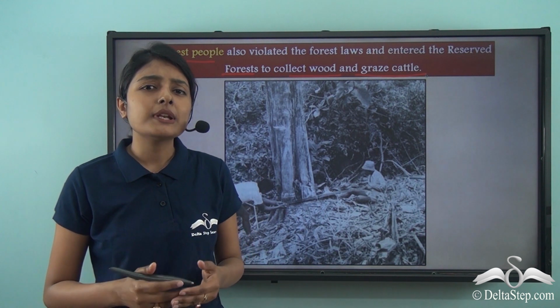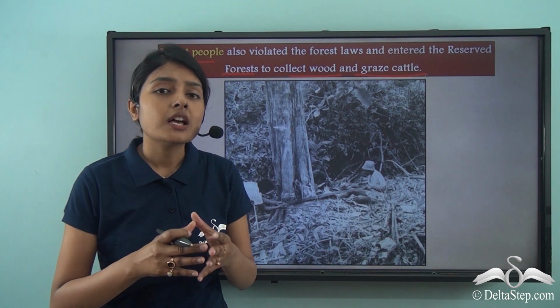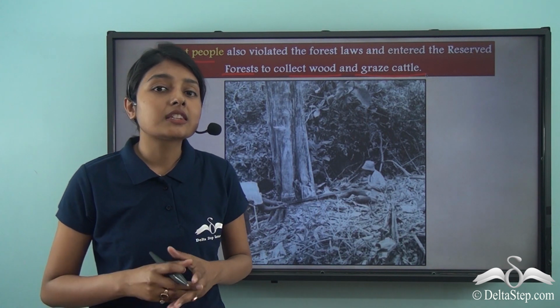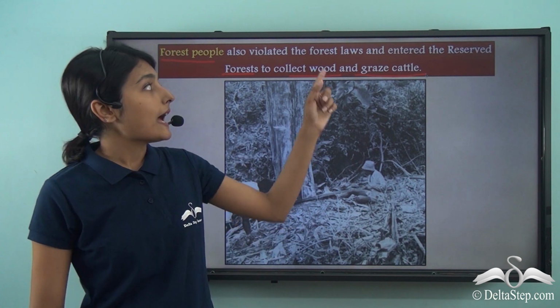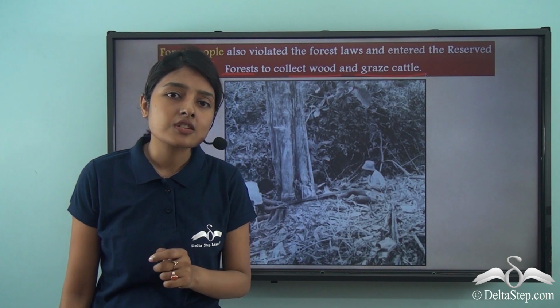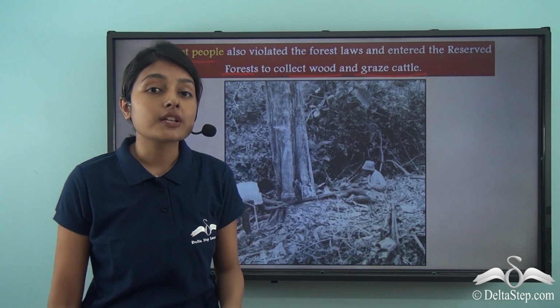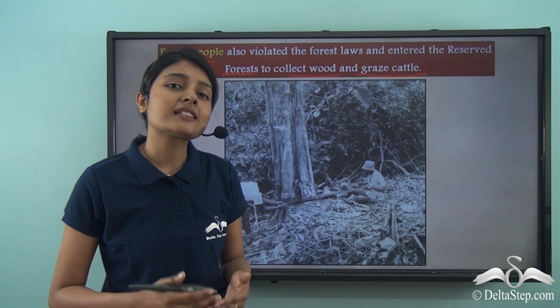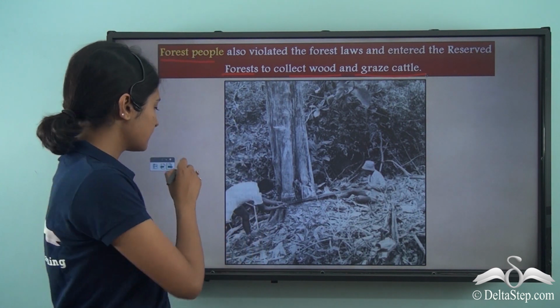But now they completely threw all caution to the wind. The floodgates had opened and they were in complete defiance of all kinds of laws, and by violating the forest laws, tribal people also started entering the reserved forests, which were the places that they had inhabited for many centuries.